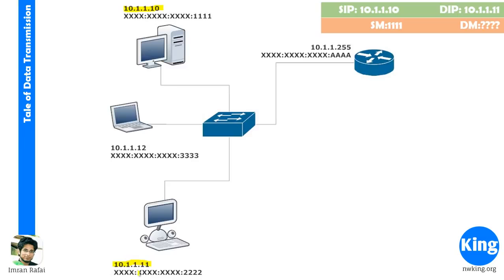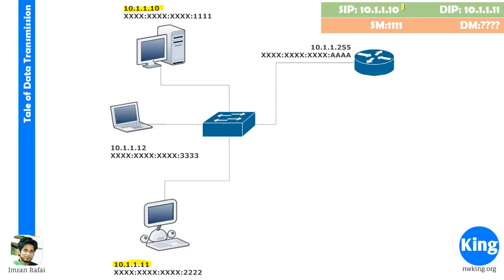Now data transmission on Ethernet happens only using MAC addresses, right? So when the 10.1.1.10 computer wants to communicate with 10.1.1.11, the critical information they need is the MAC address. But this computer has only these three pieces of information.